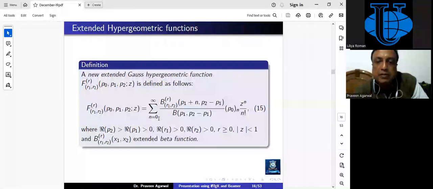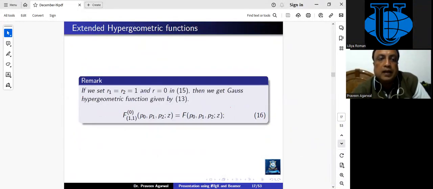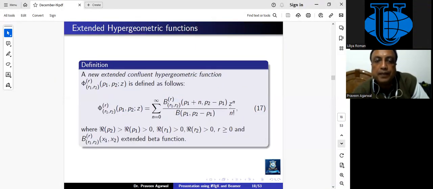It is defined by equation number 15, in which F of R, R1, R2 equals the summation from n equal to 0 to infinity of B of R, R1, R2, the extended beta function, upon B of p1, p2 minus 1, the classical beta function, times p naught n, z raised to power n upon factorial n. If we set R1, R2 equal to 1 and R equal to 0, then we get the Gauss hypergeometric function given by equation number 13.